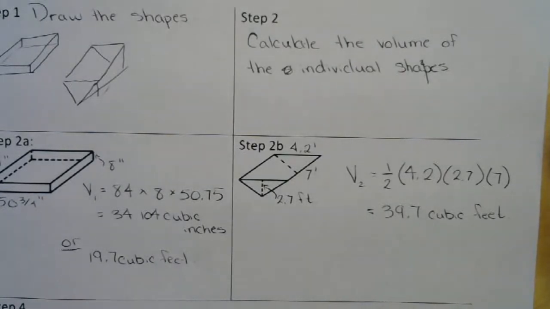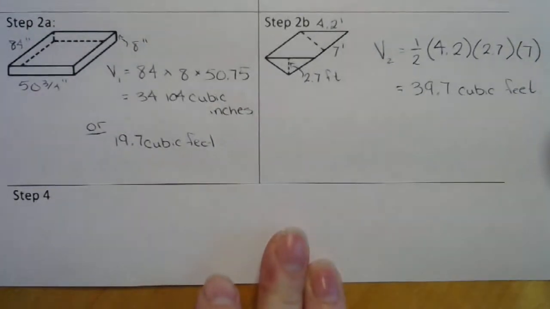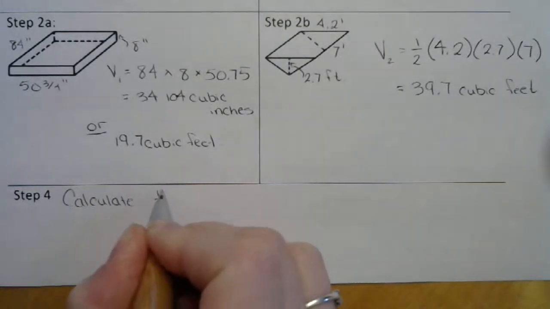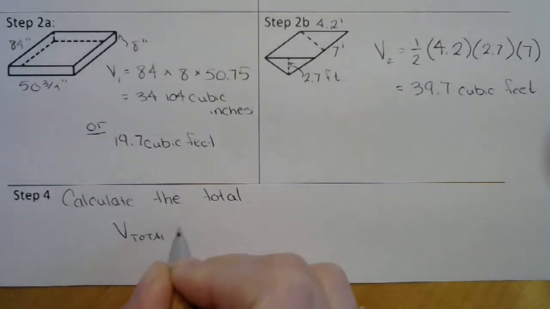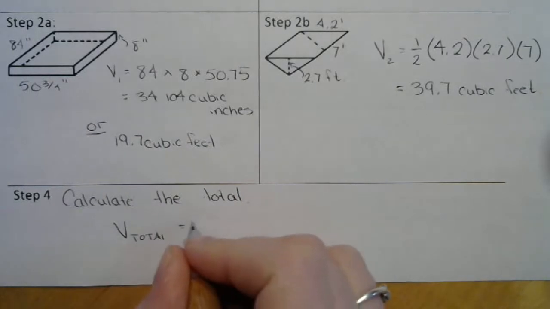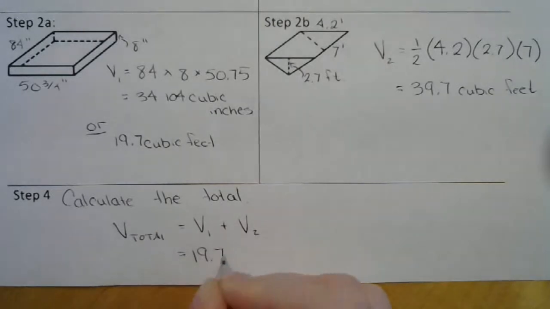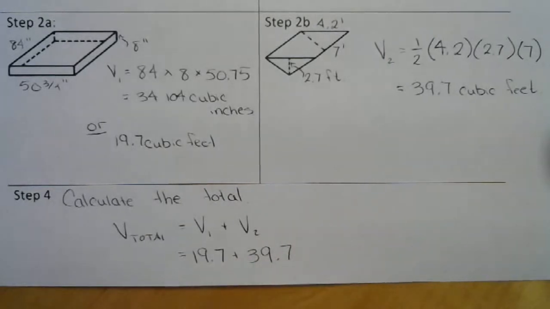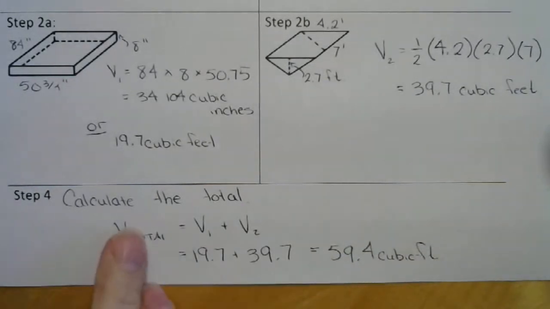Once we have both of those values, step 4 is to calculate the total volume. So V total, the total volume for this shape, is the small one on top, V1, plus V2. V1 is 19.7 cubic feet, and the triangular prism on the bottom is 39.7, which is equal to 59.4 cubic feet.